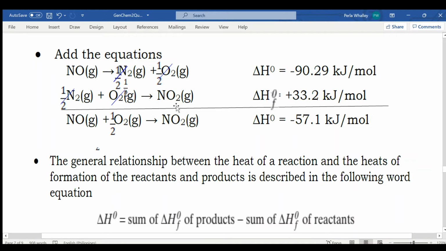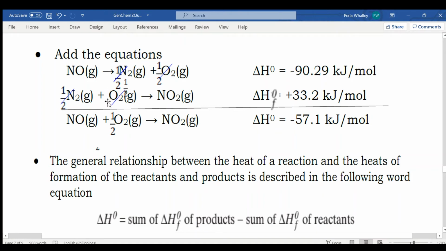No, because those two substances are different. So let's go to the product. We'll check if it has a similar substance with the reactant of equation number 2. So 1/2 N2 and 1/2 N2 are cancelled. And then 1/2 O2 and 1 O2: the 1/2 O2 is cancelled, but we still have a remaining 1/2 O2 here.